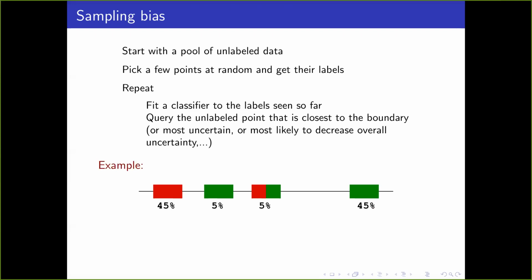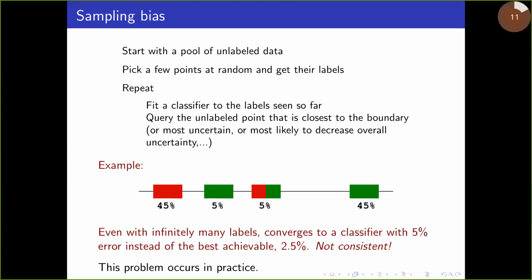And furthermore, you can do better than 5%. If you choose to do the threshold right at the 45% boundary, you'd end up having a 2.5% error rate. Right? So I would say this is not consistent.